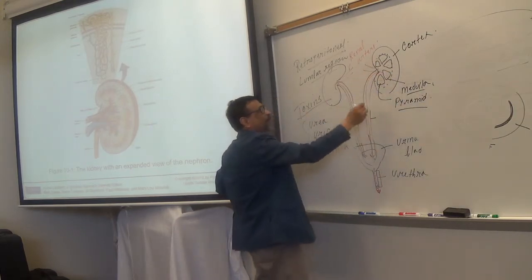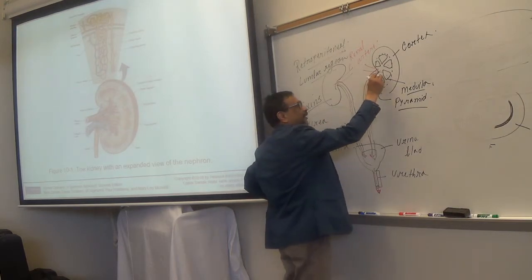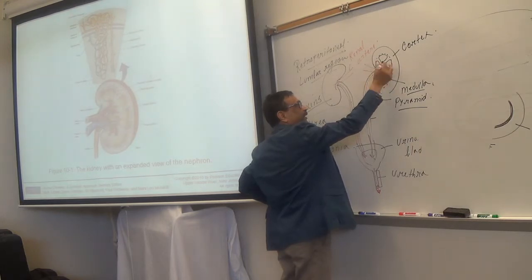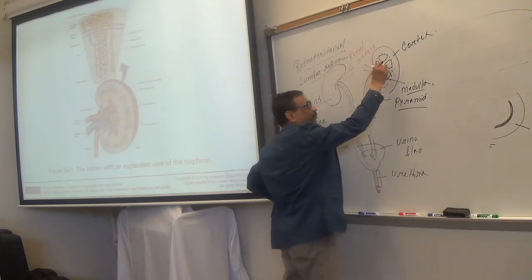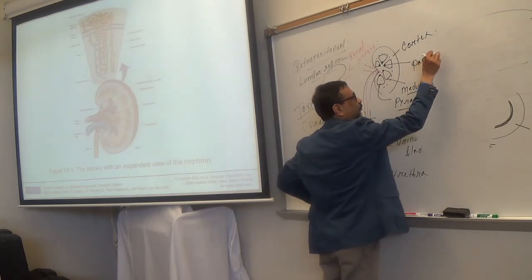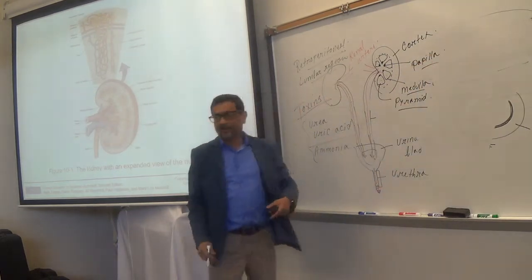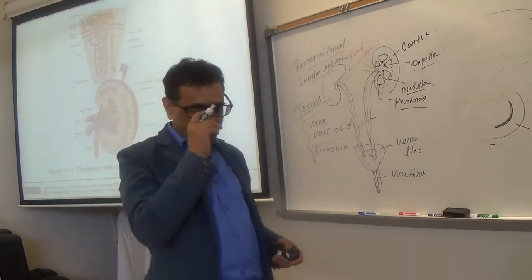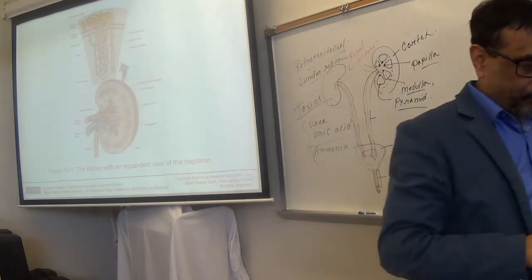And the pointed inner end of these pyramids is called the papilla. So this part, the pointed inner parts, are called papilla, the angle facing inwards. Tip part.